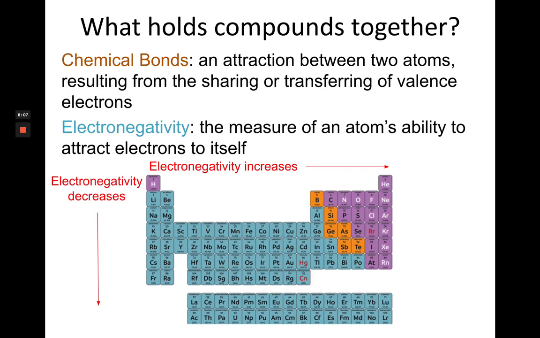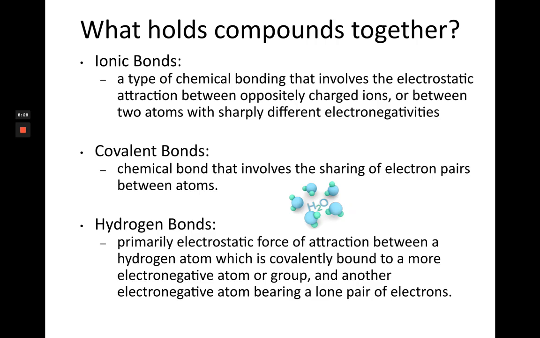And remember that electronegativity is really just measuring an atom's ability to attract electrons to itself. So the more electronegative an element is, the better it is at pulling those valence electrons to be part of its shell more than other elements.